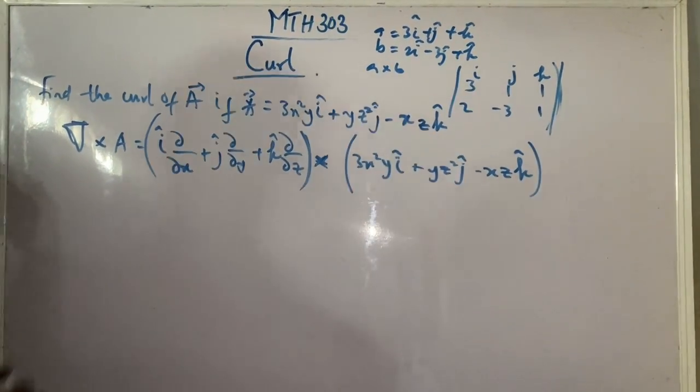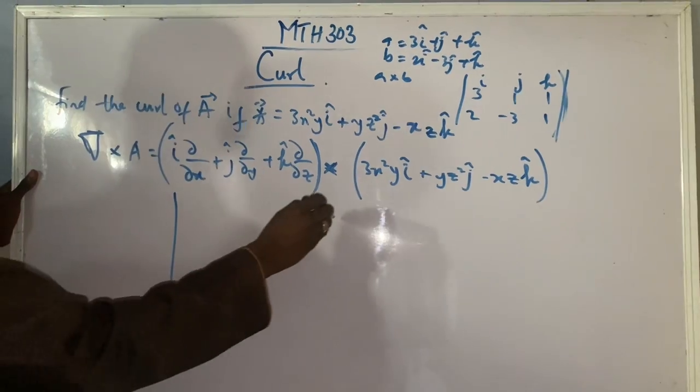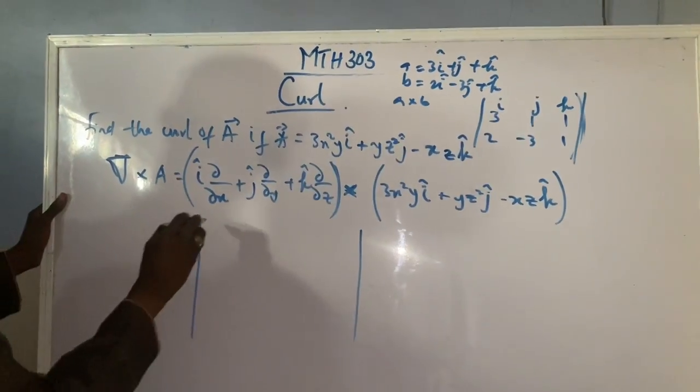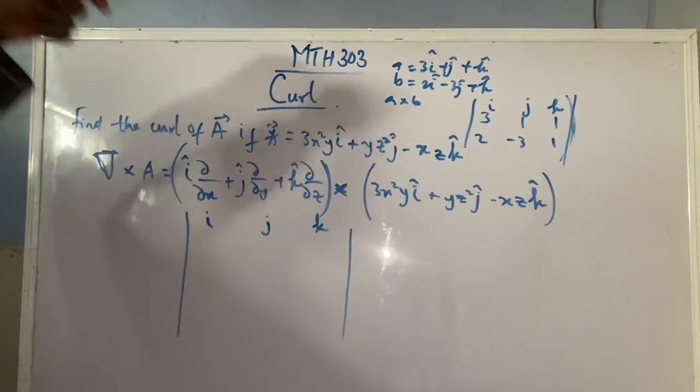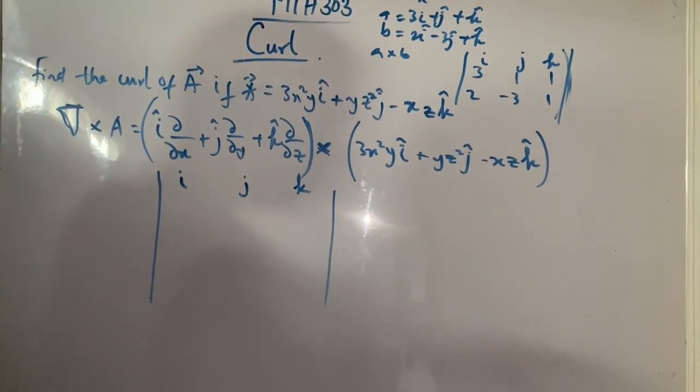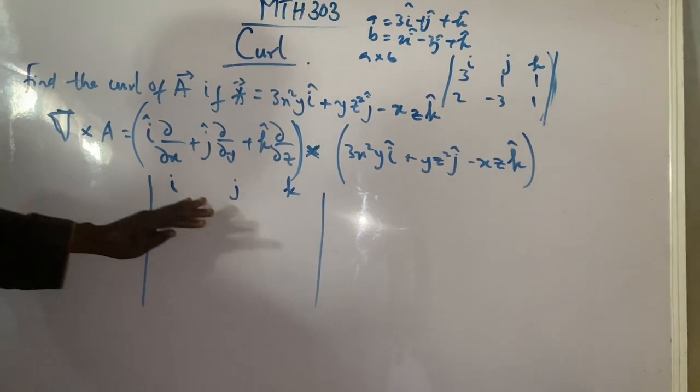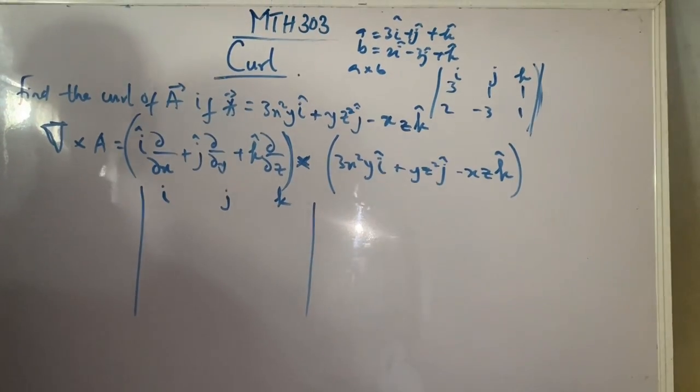You know what is happening in the cross product? You do like this, just like we did in that place. Start with your i, j, and k. If you've been able to know what cross products are, and the video is above, we've done it before, then you should be very good with this operation we want to do.